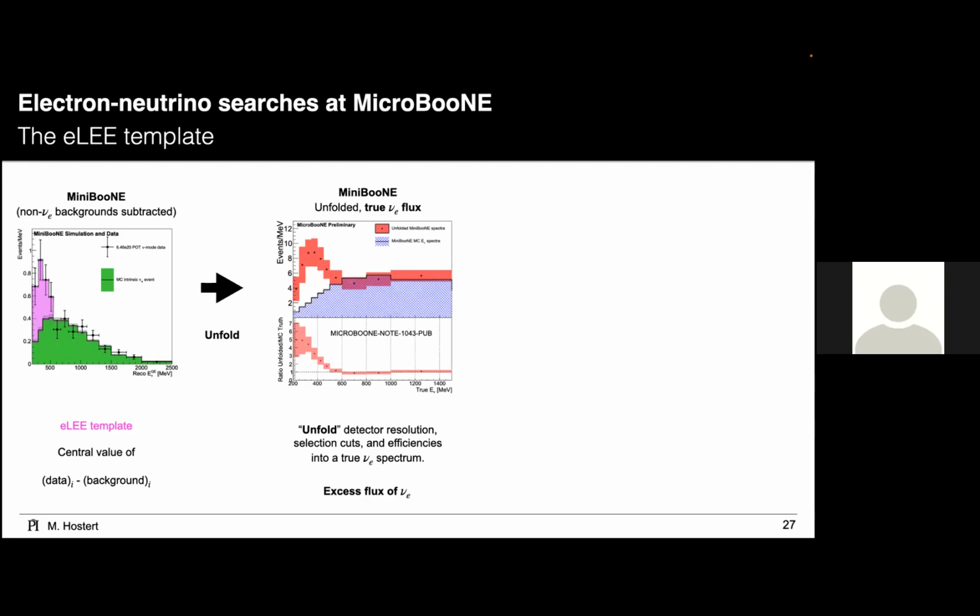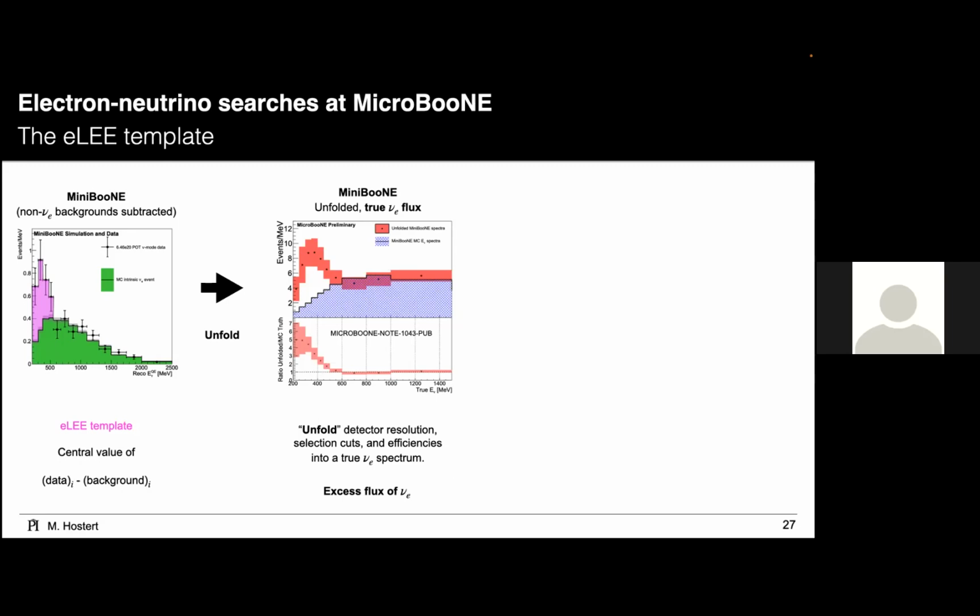To do that, you have to unfold the detector resolution, smearing, and in doing so, you lose some information. You know how to go from a true neutrino flux prediction to an observed event rate, but in doing the opposite, you know that you lose some information. But that's just a part of the unfolding procedure.